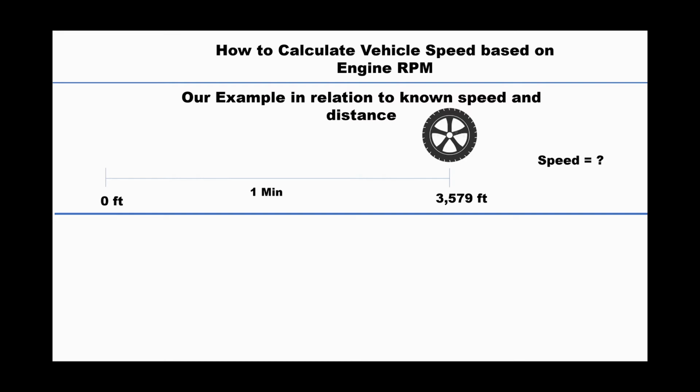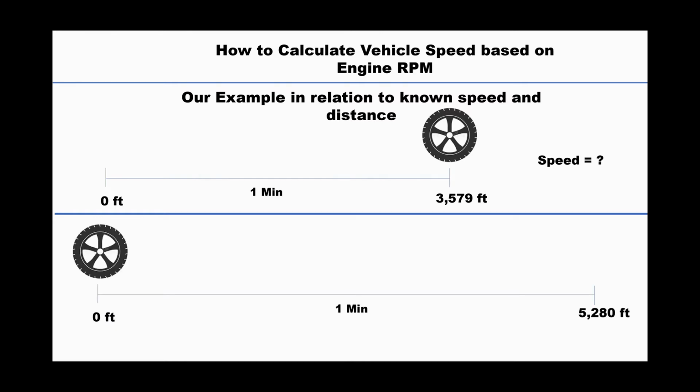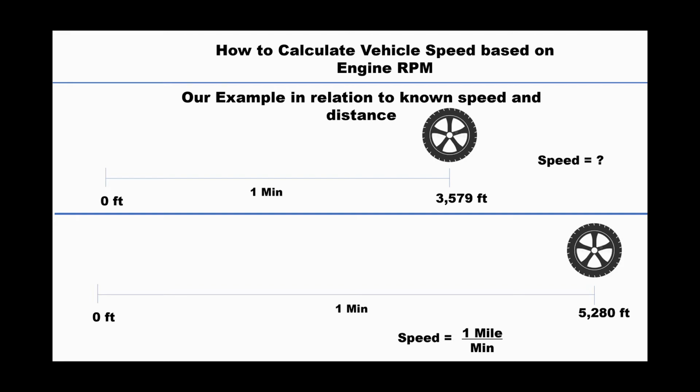But what does the speed equal? Well, we need to use a speed and distance that we already know. So we know that 5,280 feet is equal to 1 mile, or 60 miles per hour. So our speed is 1 mile per minute, or 60 miles per hour.